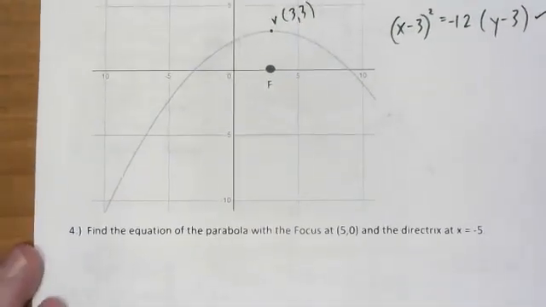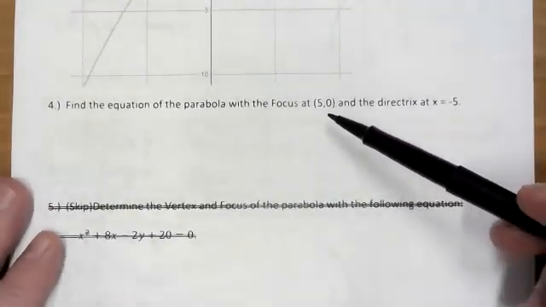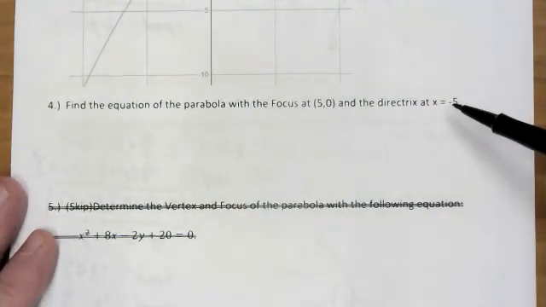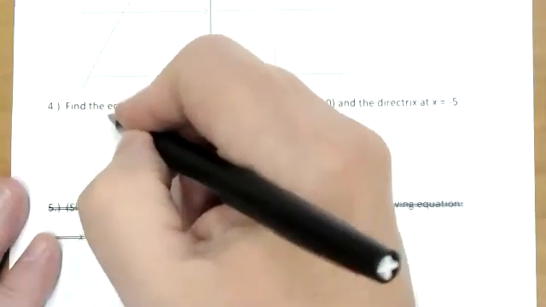Now the next problem is find the equation of the parabola with the focus at 5, 0 and the directrix at x equals negative 5. So this is a problem where they give you what I call information about the parabola, and they're actually trying to find the equation.